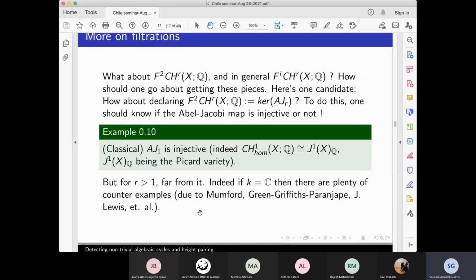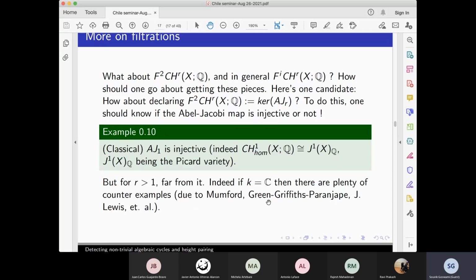When I say there are plenty of counterexamples, I should say that none of them are easy to define, and each one of these counterexamples forms one paper.